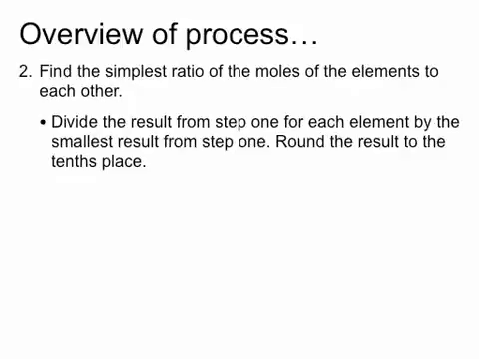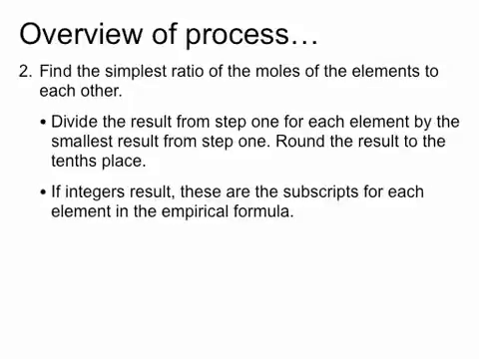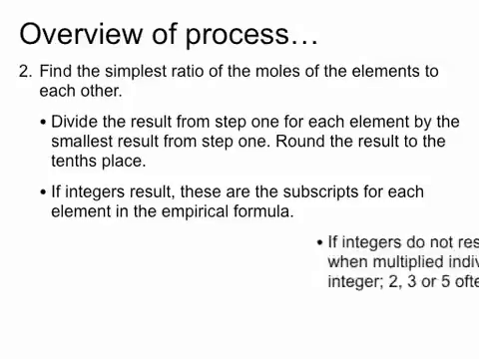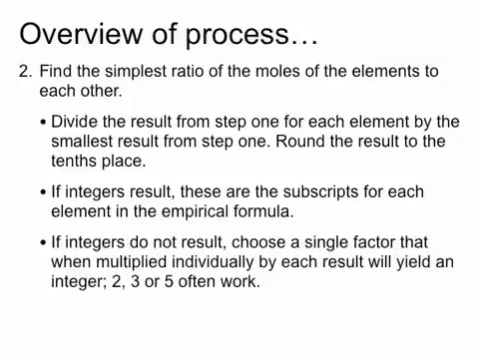Round the result to the nearest tenth place. If integers result, these are the subscripts for each element in the empirical formula. However, if integers do not result, we need to choose a single factor that when multiplied by each of the results will yield an integer. Use the same factor for every result from step 2.